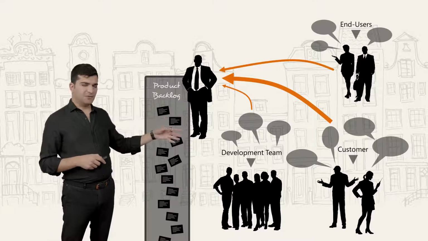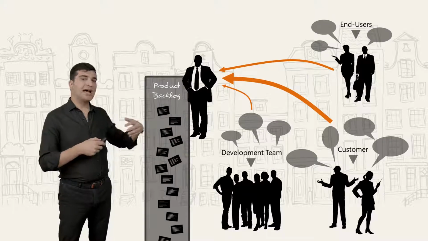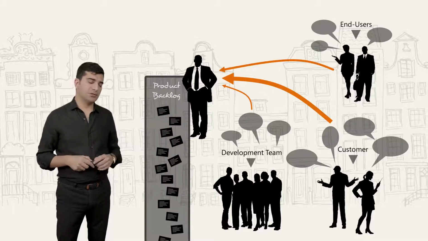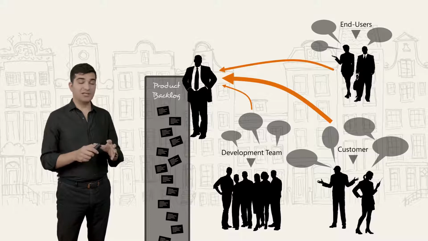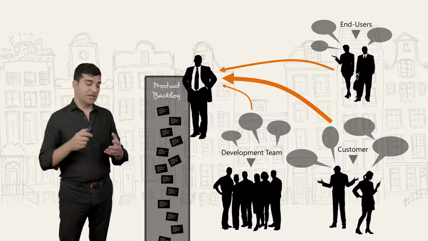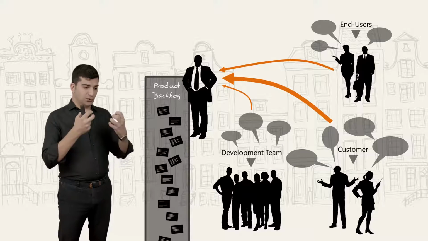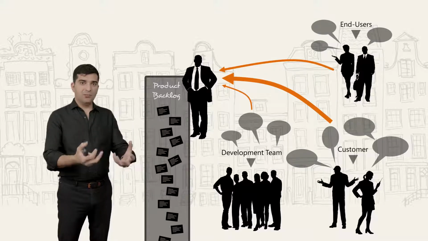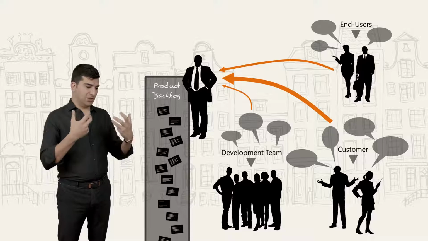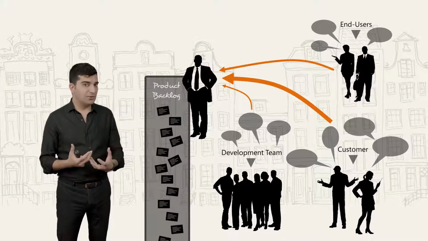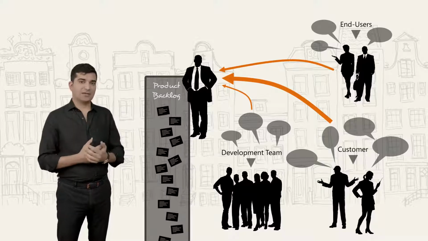Most of them will come from the customer, but you still have to think about other stakeholders in the project. And the important thing that I also mentioned before is that you're not there to take notes. You're there to interview people, to get the information, analyze the information, and use that to create the items.